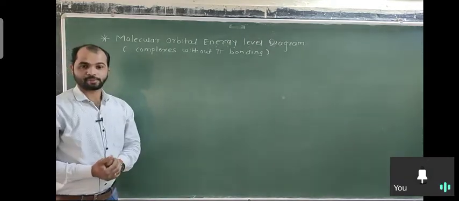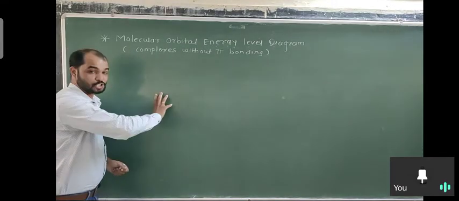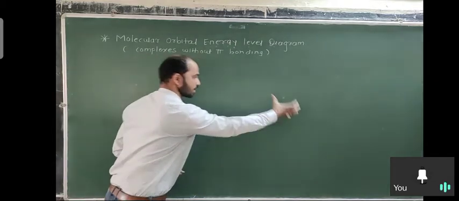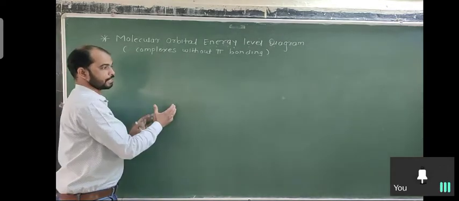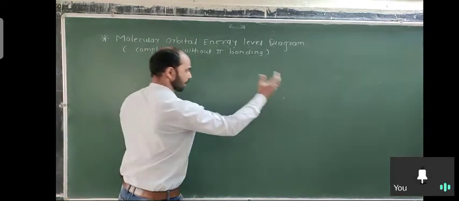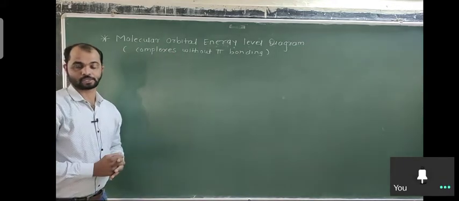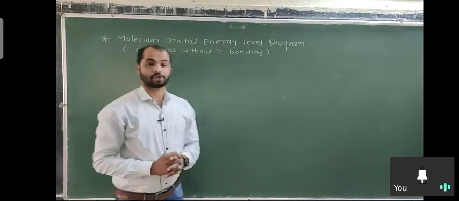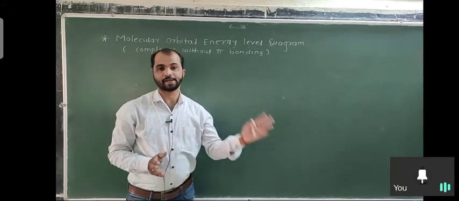Here also it is the same: the metal contributes six orbitals taking part in combination, and the ligand also contributes six orbitals. So six from the metal and six from the ligand combine and form 12 molecular orbitals. Out of 12, six molecular orbitals are bonding and six are anti-bonding.